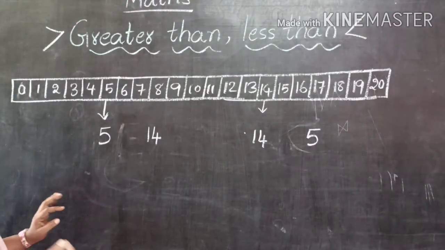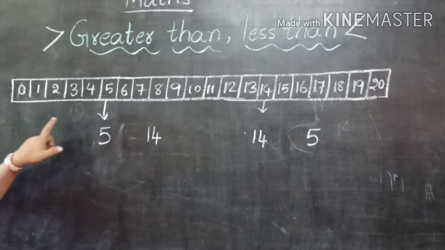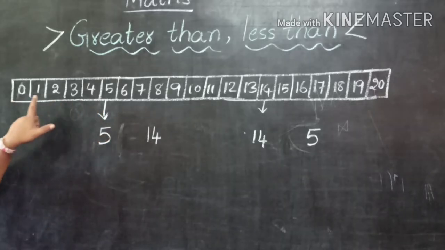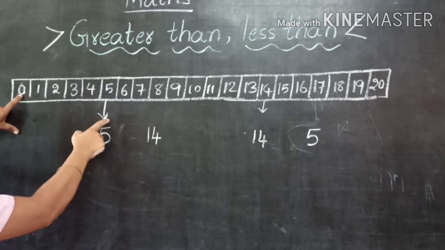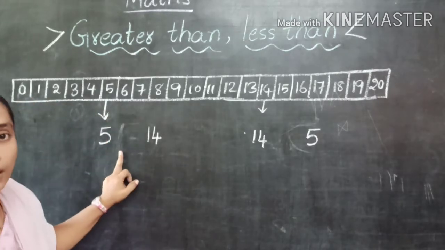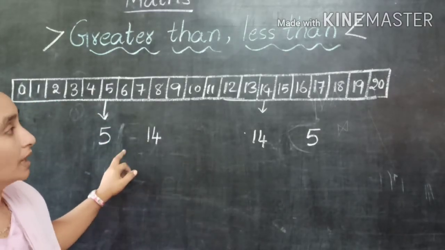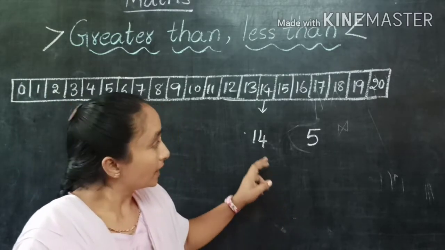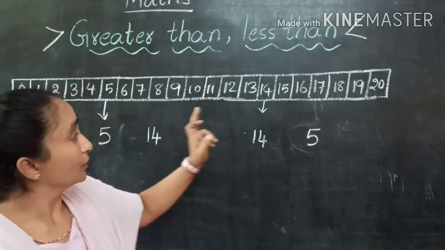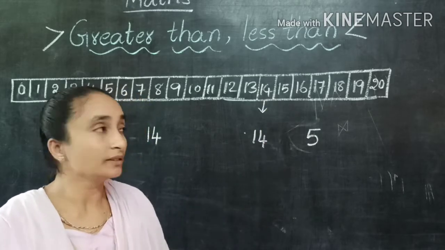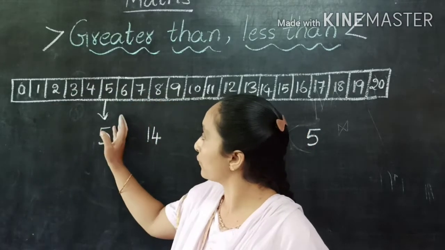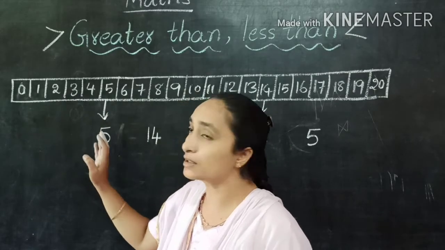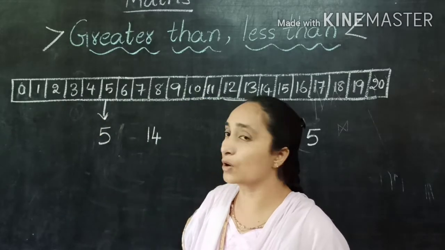That is very simple. The number which is very near to the 0 is the smaller number. And the number which is far from the 0 is called a bigger number. So here the number 5 we have taken is very near to the 0, so this is a smaller number.